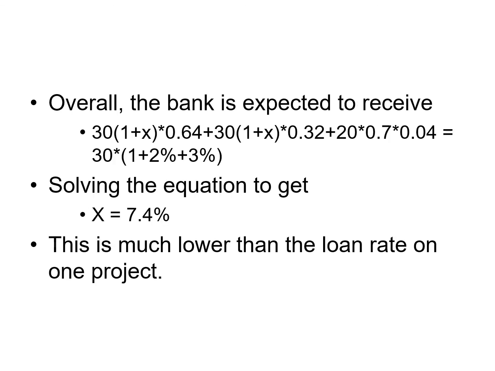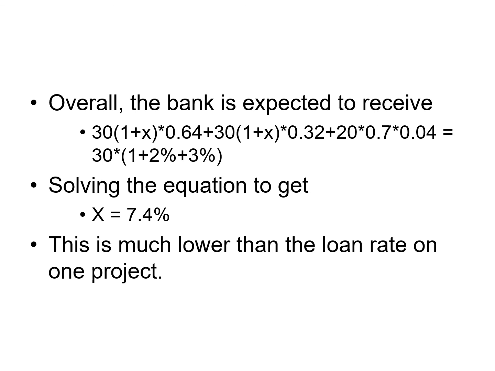Overall, the bank is expected to receive 30, which is the principal, times 1 plus X, which is principal plus interest, times 64% probability. And another term, same thing, except the probability is 32%. In both cases, the bank will be paid back in full.